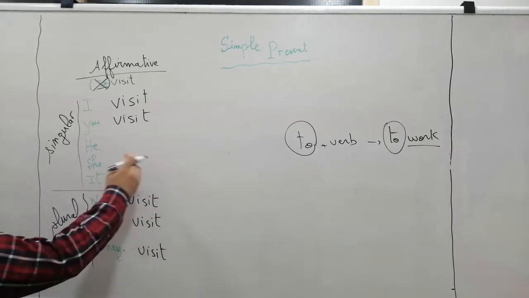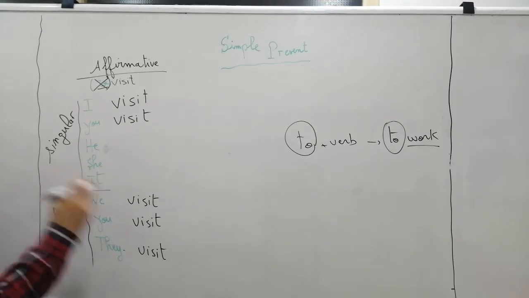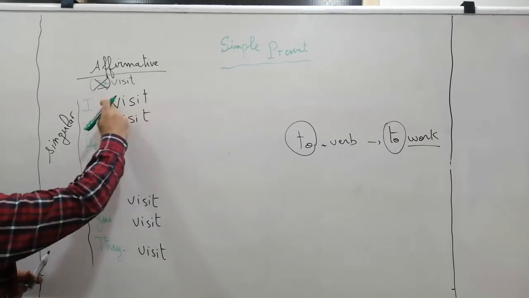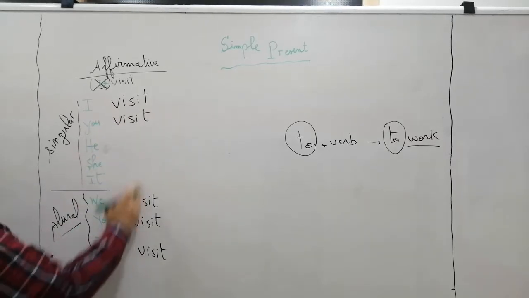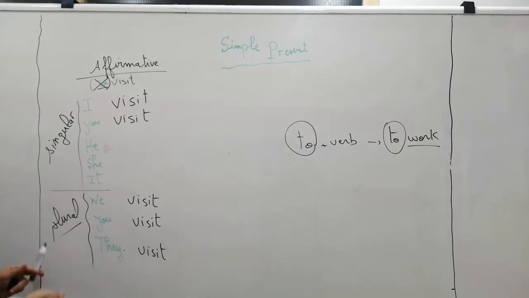Good. I have not talked about he, she, and it because I'm going to deal with them later. I, you, we, you, they, the same. The verb, no change. No change.